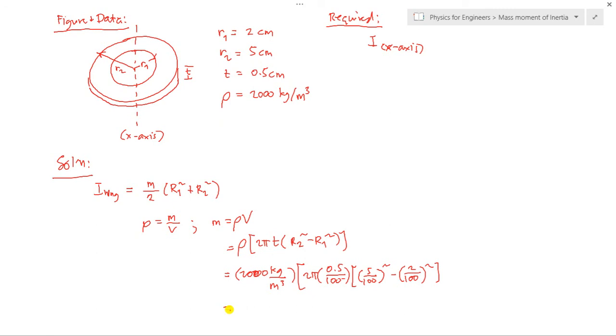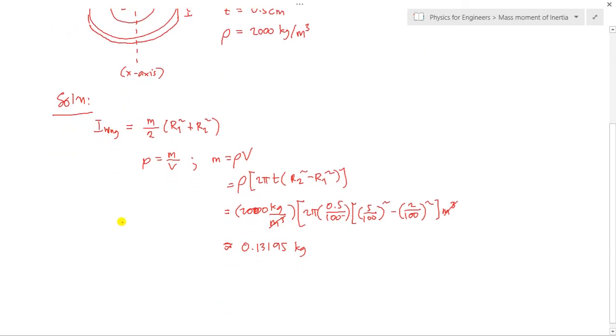Then ang atong answer is 0.13195 approximately. The mass is approximately 0.13195 kilogram. Kaya cubic meter man diri. Makansel na siya. So that is the mass of our disk.